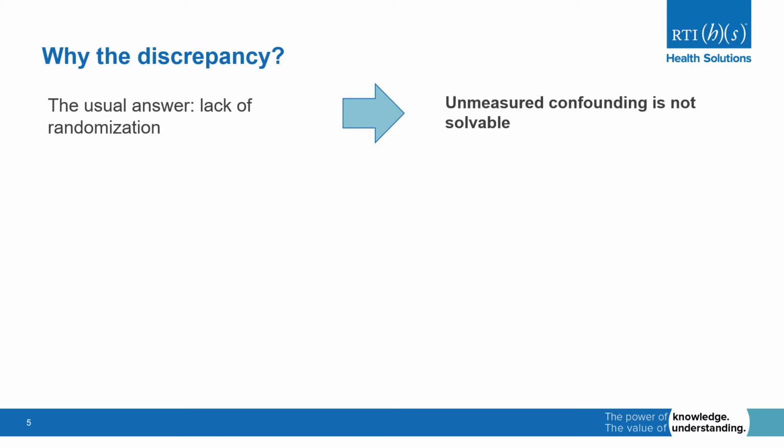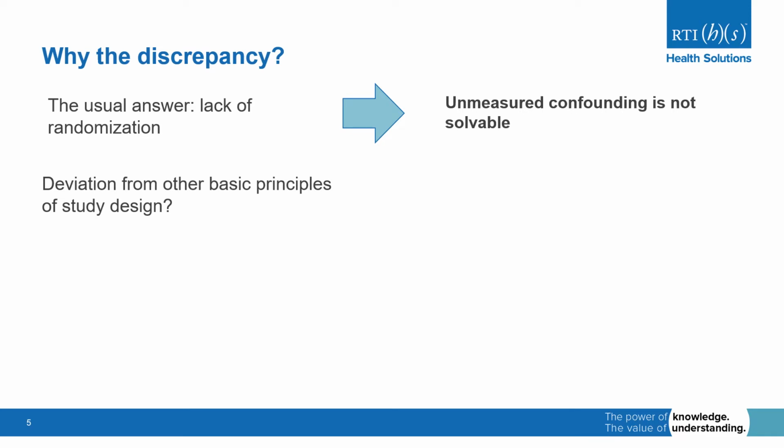In a randomized trial, you have randomization, so there is no confounding. In observational data and real-world data, you don't have randomization, so that must be the reason. If that is true, there is no solution to that. If there is unmeasured confounding, there is nothing we can do about that. If that's true, real-world data might be useless to address this specific question. But there can be other reasons.